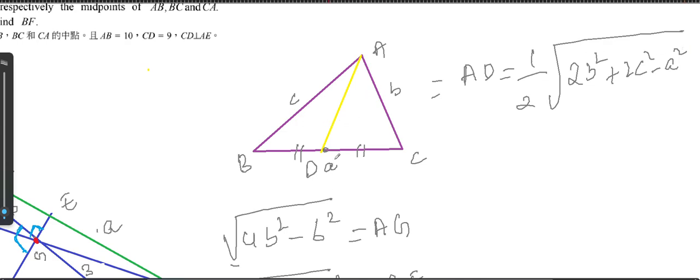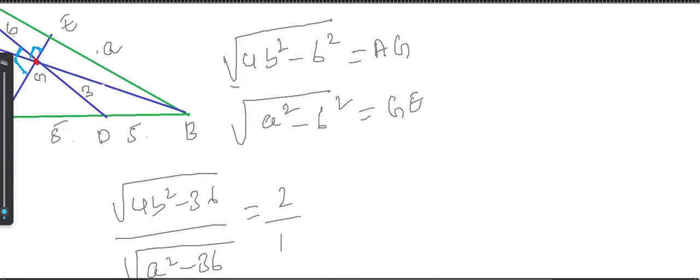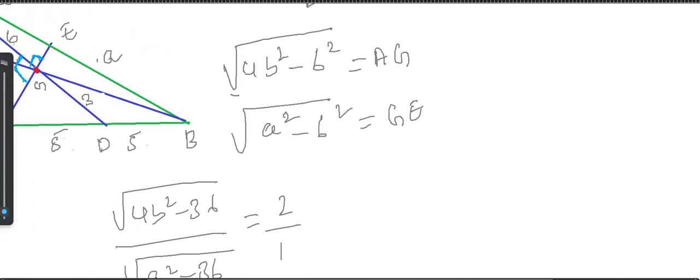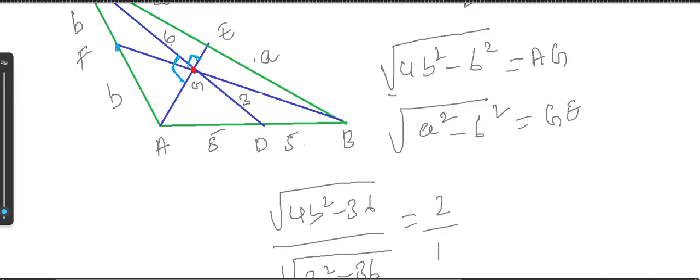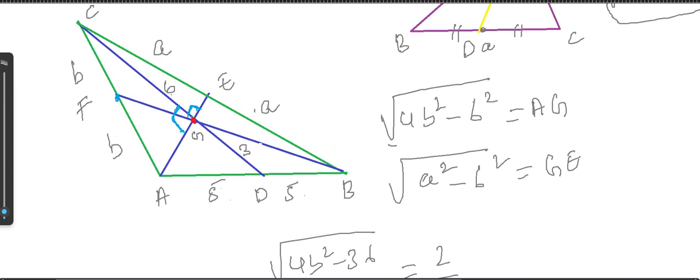Here small a denotes the side opposite to vertex A, small c denotes the side opposite to vertex C, small b denotes the side opposite to vertex B. So when you have to calculate the length of the median connecting the vertex to the opposite side, this is the formula. Now is there any scope to reuse this formula? Yes, it is possible. Again we are emphasizing, many times it so happens that certain formulas become a subset in solving a particular problem.